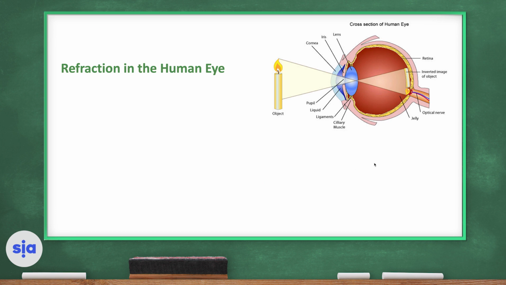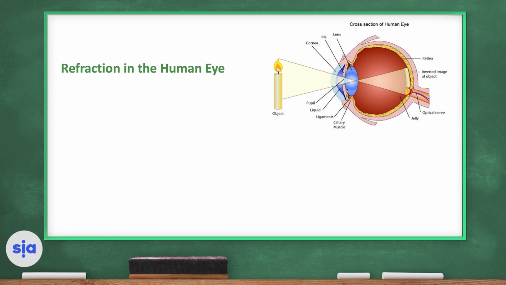Now let's discuss the human eye. This is the anatomy, or a cross-section, of the human eye. As you can see, the human eye is formed of a cornea and of course the iris and the pupil. The pupil is an opening where the light rays enter.